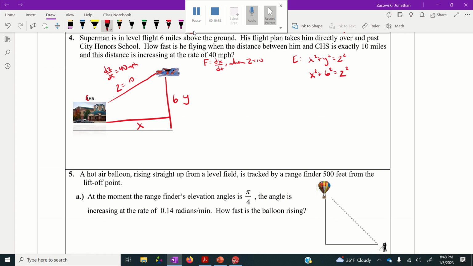So the derivative of x squared is 2x dx dt, and that is equal to, plus the derivative of 6 squared, which is just 0, and then we have 2z dz dt. Let's plug in.